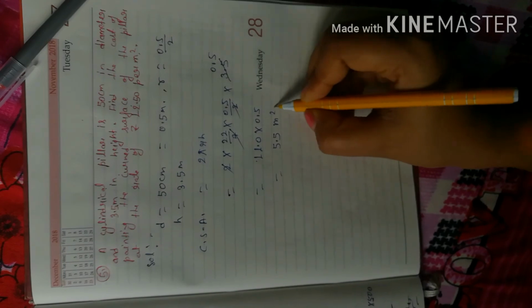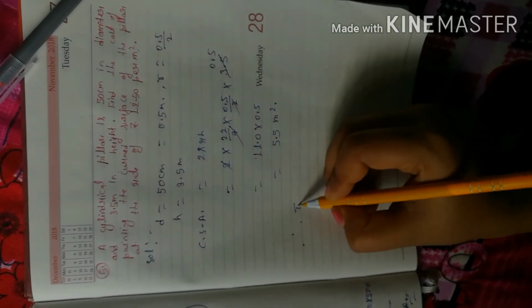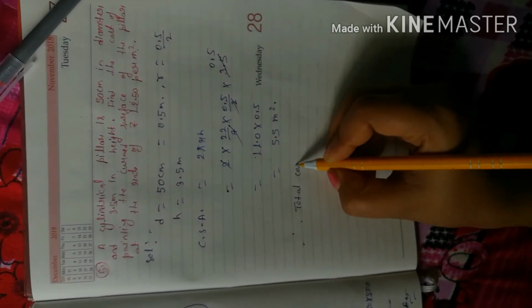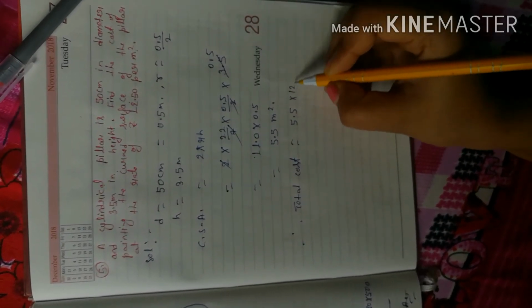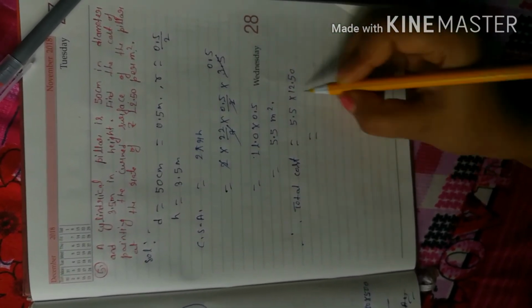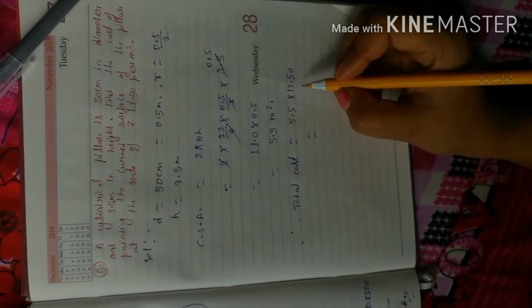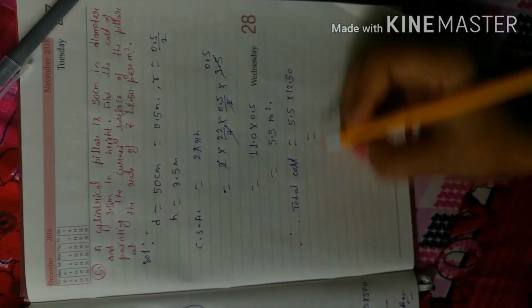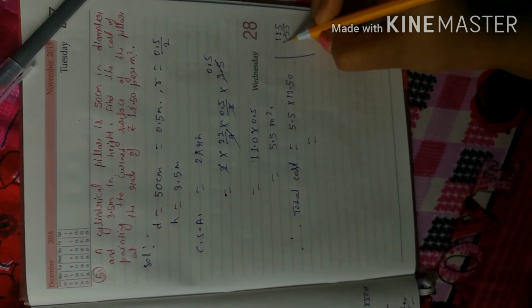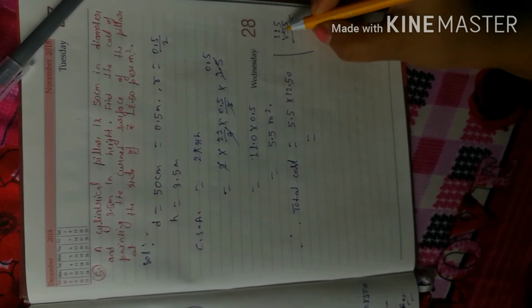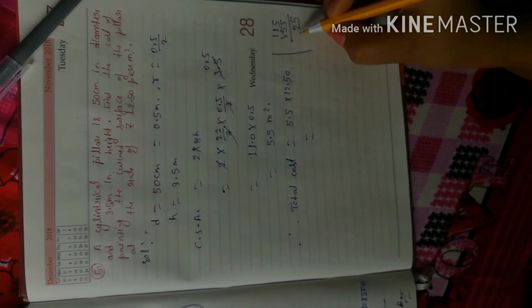This much meter square. Therefore total cost equal to 5.5 into 12.50. Now we have to do the multiplication. 125 into 55. 5 5 ja 25, 5 2 ja 10 and 2 12. 5 1 ja 5 and 6.